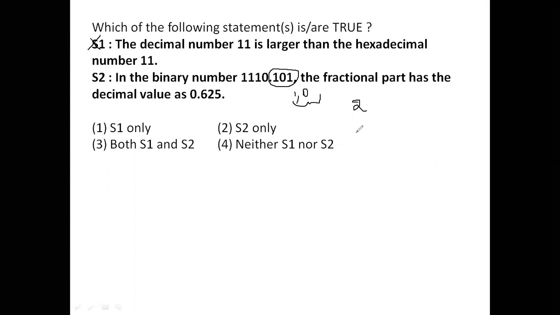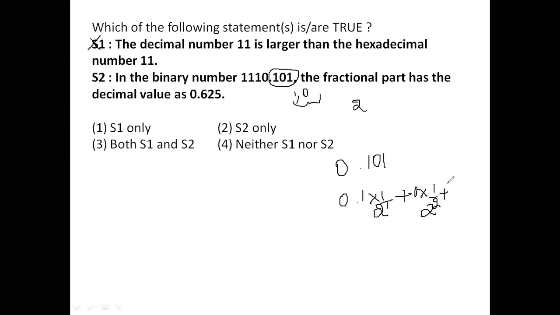Now we have to convert into decimal place as the decimal value 0.625. 0.101, let's consider it. 0.1, so 1 into, it is in decimal place, so we have to take it as 1 by 2 to the power of 1, plus 0 into 1 by 2 to the power of 2.